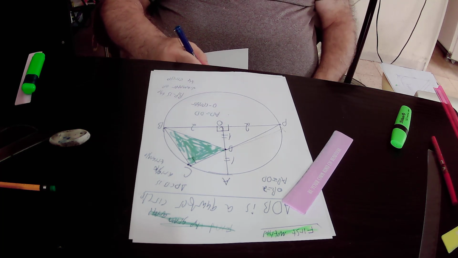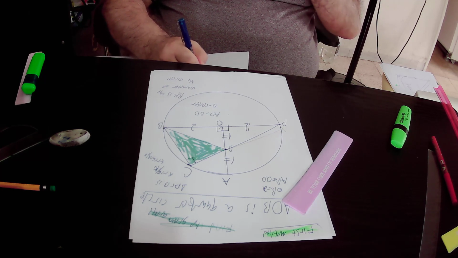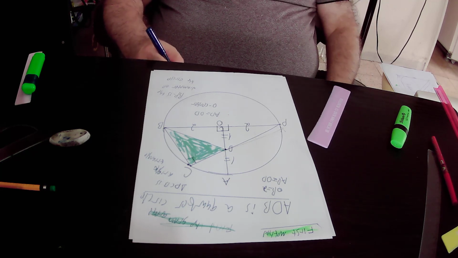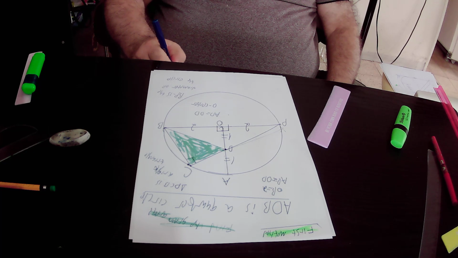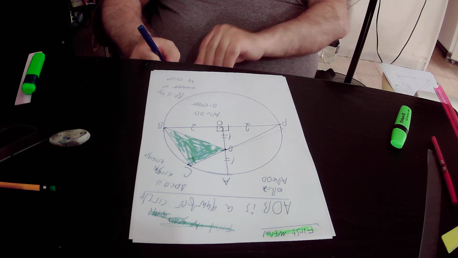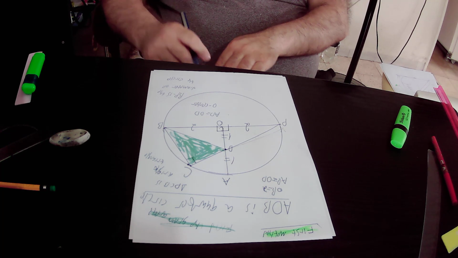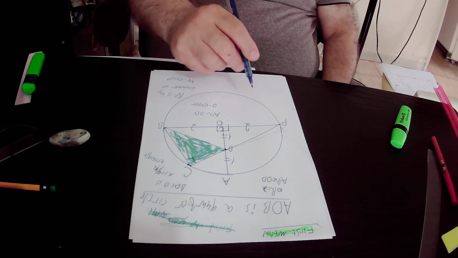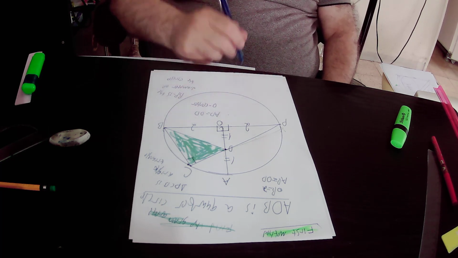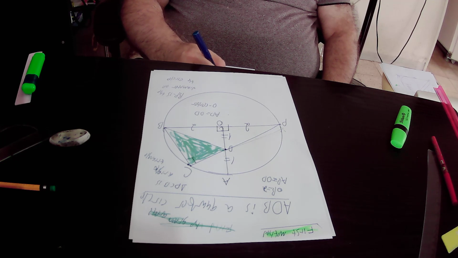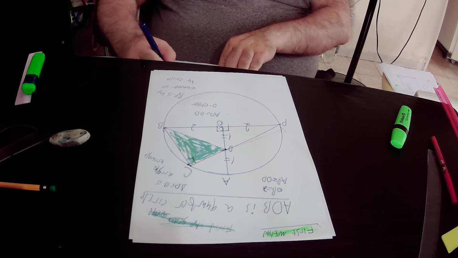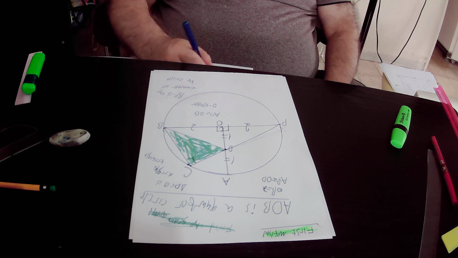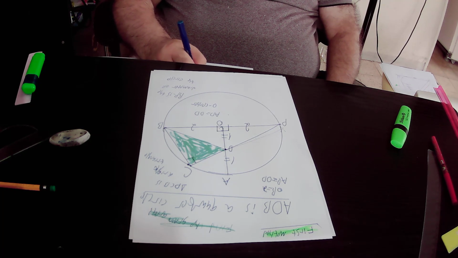In the right triangle POD, according to the Pythagoras theorem, PT is the abbreviation for Pythagoras theorem, the square of the hypotenuse equals the sum of the squares of the perpendiculars, that is to say PD square equals PO square plus OD square.